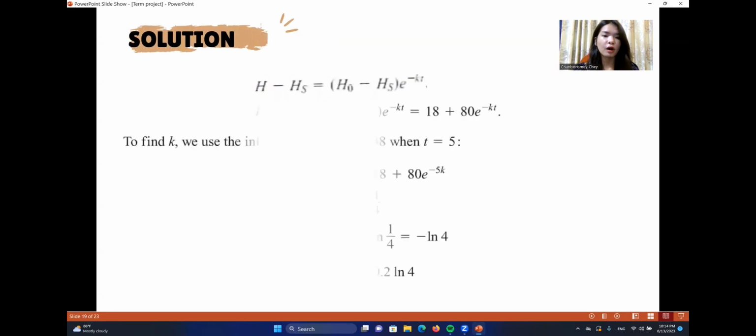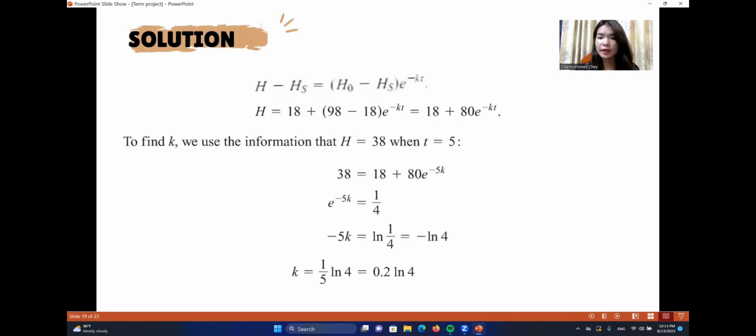For our solution, we know that H minus Hs equals H0 minus Hs times e to the power of negative kt, and we replace the values of the properties that we have. To find k we use the information given: H equals 38 when t equals 5. So we replace the values in our equation.